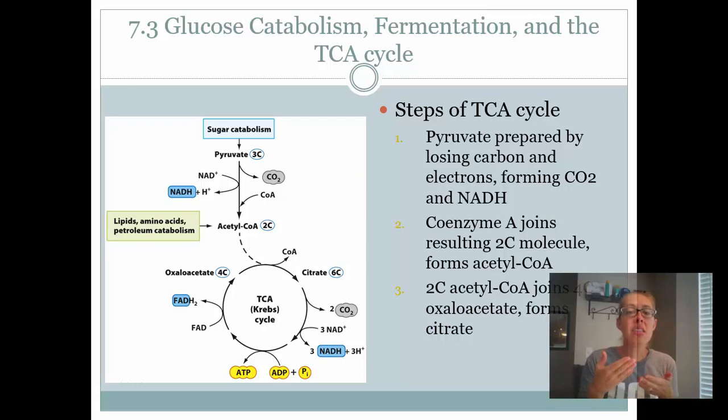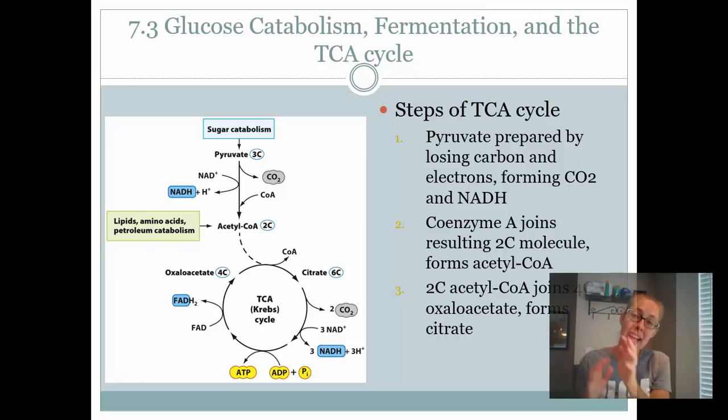So let's look at this in depth. At the top is the portion that I like to call pyruvate grooming. I think it's kind of like pyruvate preparation. Pyruvate is a 3-carbon molecule, and our first step is going to be to remove one of those 3 carbons, and we are going to produce 1 molecule of carbon dioxide.